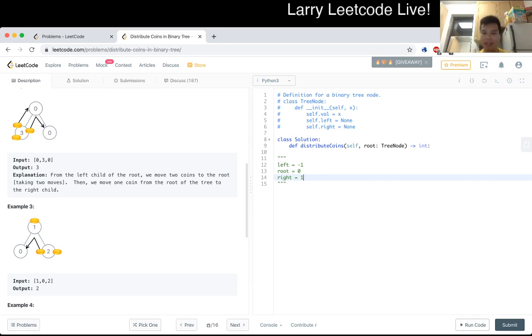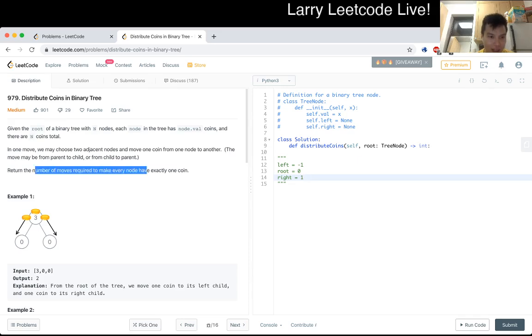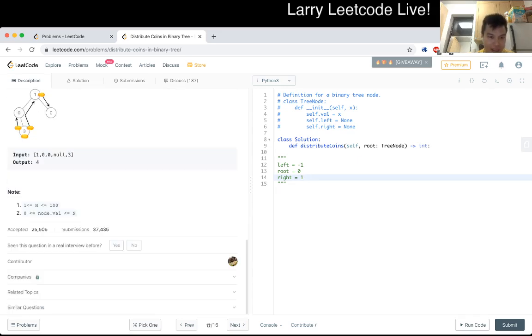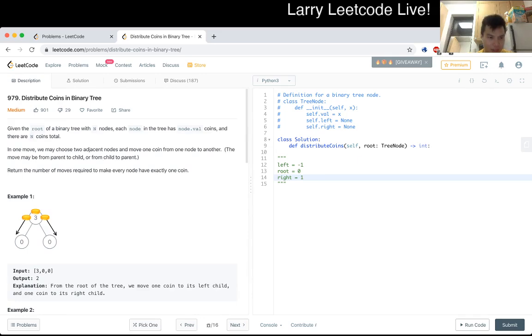And in this example, let me double check the constraints. What I'm looking for is to make sure that there are enough coins for everybody, because then maybe some of that logic breaks down. You have to check for it. But okay, it seems like there are n nodes and there are n coins, so that should be okay.